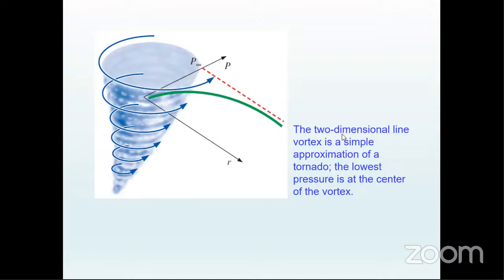This is a two-dimensional vortex formed in the atmosphere, a simple example or approximation similar to that of a tornado. The lowest pressure is at the center of the vortex. As you come outward, at any point the pressure should be increasing, and it might reach a saturation value.